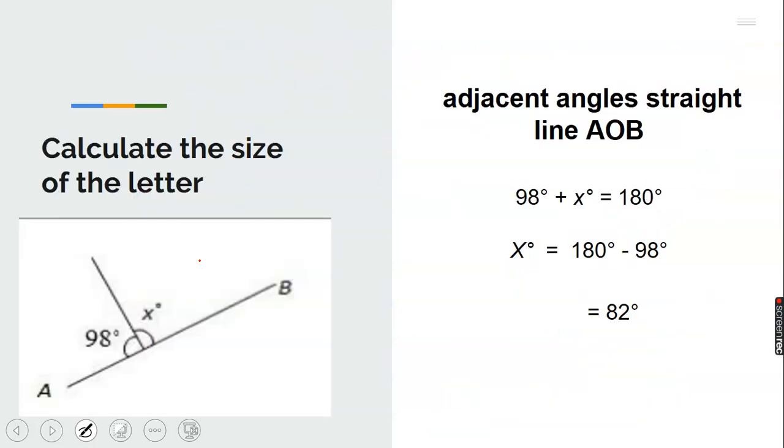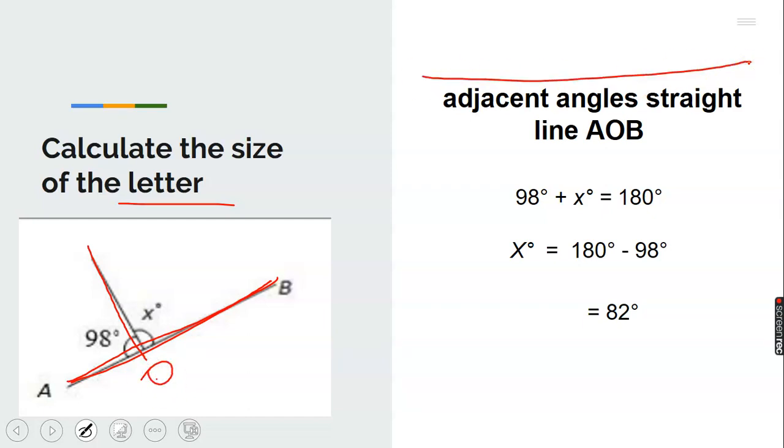Now, calculate the size of the letter. Look, we have a line that meets this line AB at this point. Let's say this is point O. The reason is adjacent angles on straight line AB.